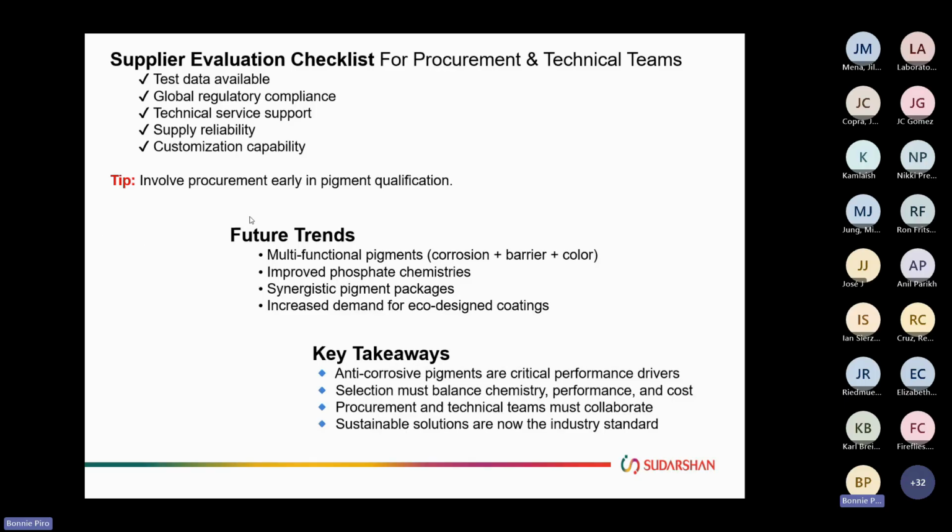It's always important, and I know you all do, to involve procurement in the early qualification process. So it's always going to be a team effort on these areas. Future trends. As you've seen through the presentation, we tend to show that for the longest and most effective corrosion control, multifunctional pigments are the way to go.